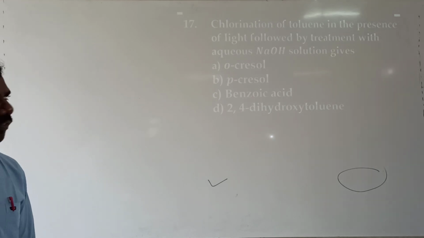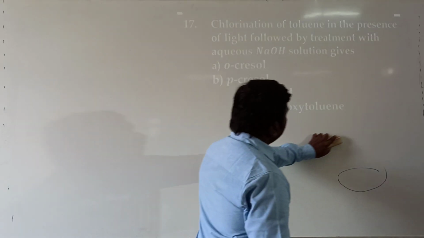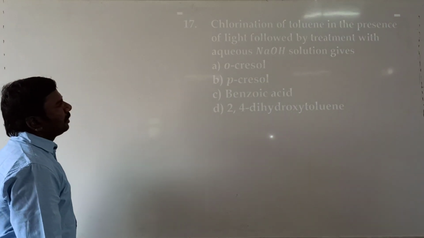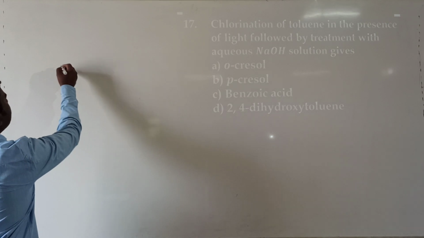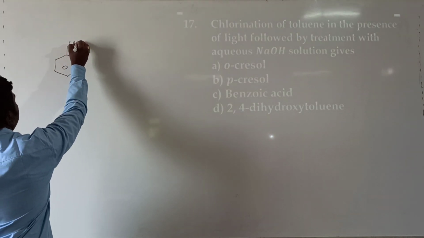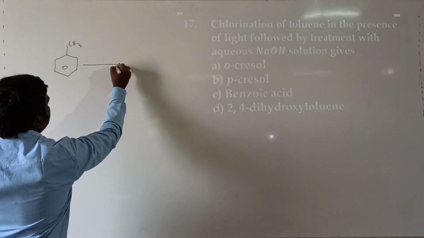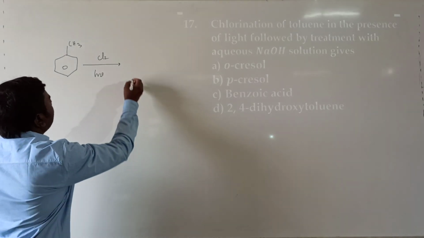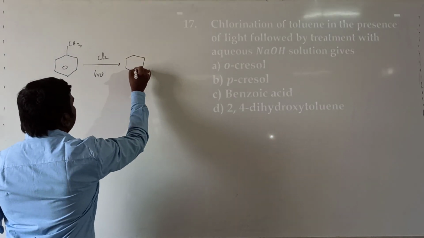Chlorination of toluene in presence of light, followed by treatment with aqueous NaOH. Toluene is benzene with CH3. In presence of sunlight, chlorination will happen.